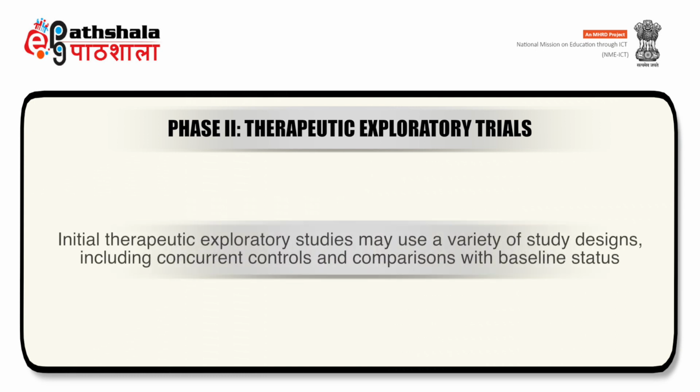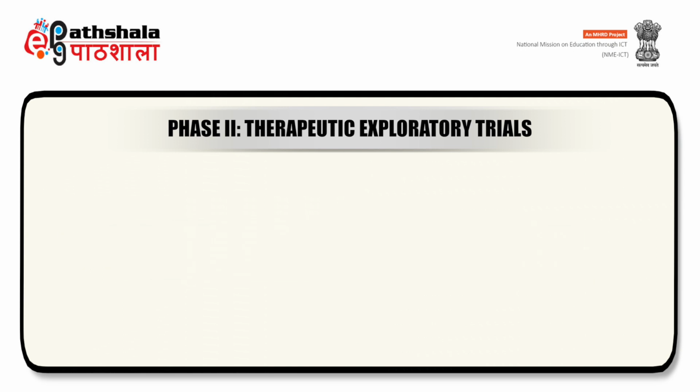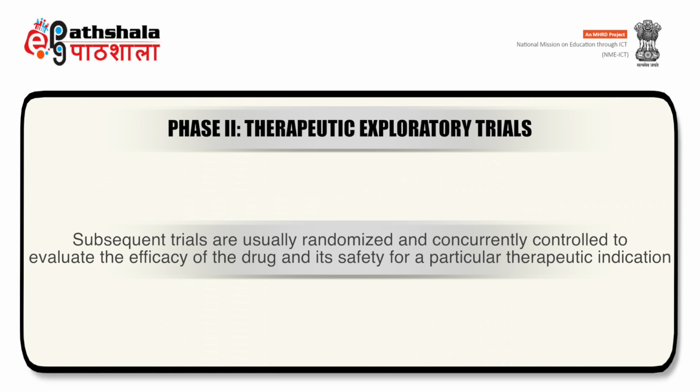Initial therapeutic exploratory studies may use a variety of study designs, including concurrent controls and comparison with the baseline status. Subsequent trials are usually randomized and concurrently controlled to evaluate the efficacy of the drug and its safety for a particular therapeutic indication.